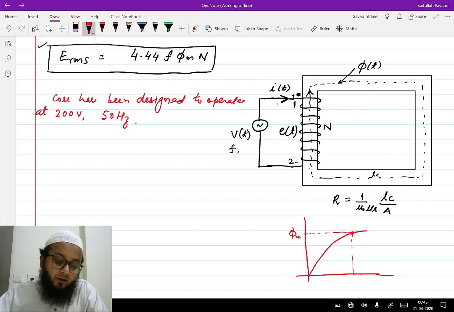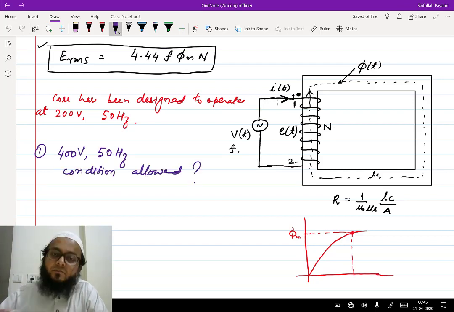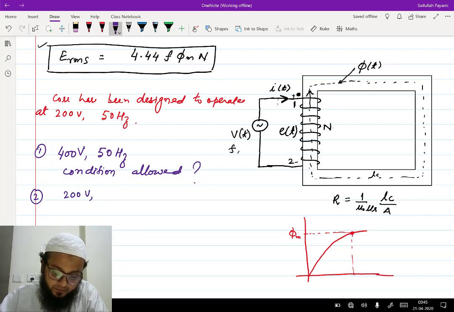Now if I want to energize this same core, same winding, same coil, everything, but at a different voltage, 400 volt and 50 hertz, is this condition allowed? Let's say I have another condition, 200 volt and 25 hertz.